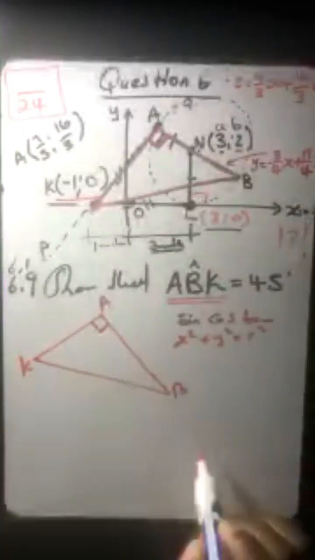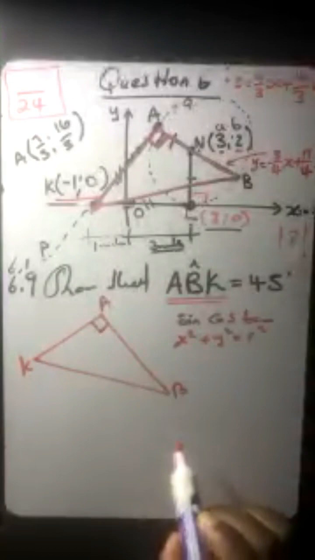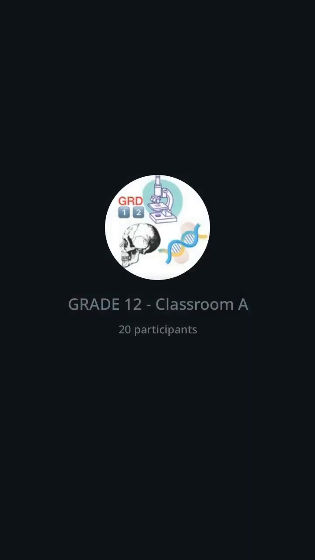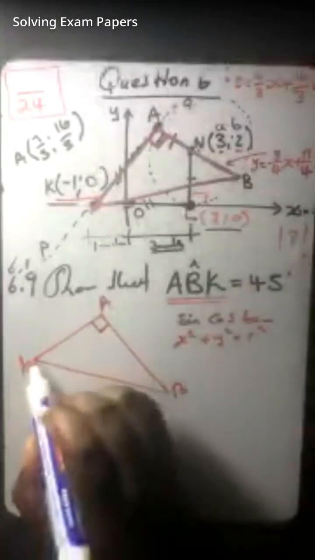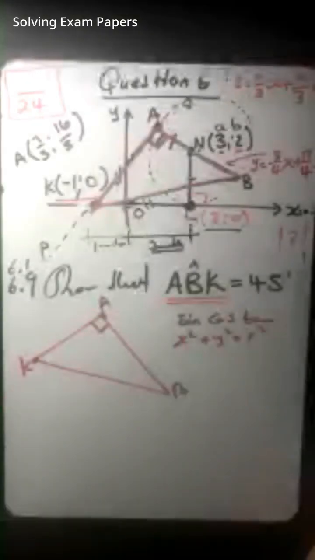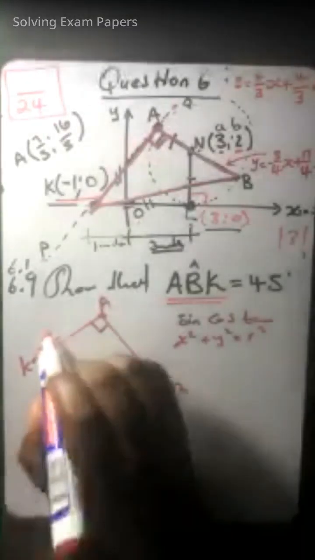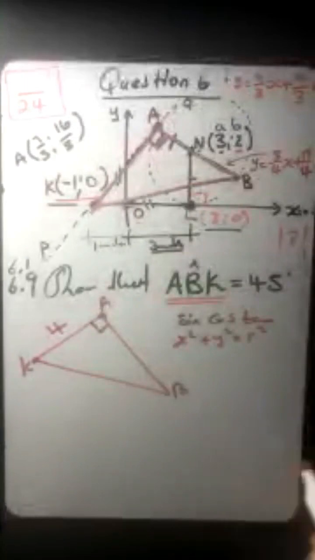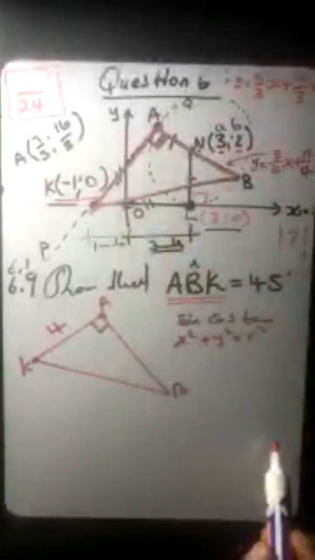Since this is a right-angled triangle, do I know the distance from there to there? I think we calculated it and we got it to be 4. Here comes the question: do I know the distance from A to B? I think we do, because that is the radius plus that radius, and that is 4.